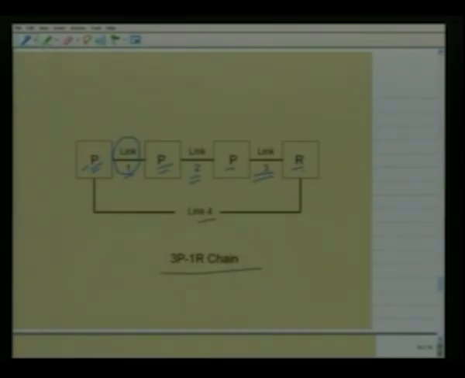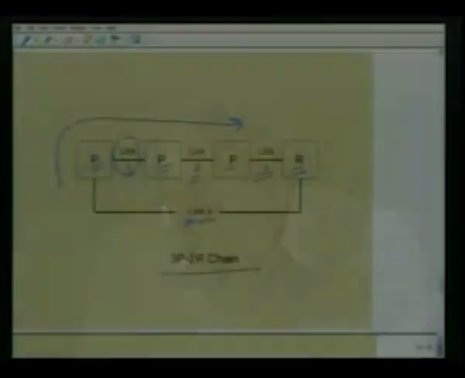Thus, if we follow these three prismatic pairs, we conclude there cannot be any relative rotation between link 4 and link 3. Thus, this revolute pair, which allows only relative rotation between link 3 and link 4, cannot permit any relative motion. Thus, we can conclude that such a 3P1R chain cannot give rise to any mechanism.